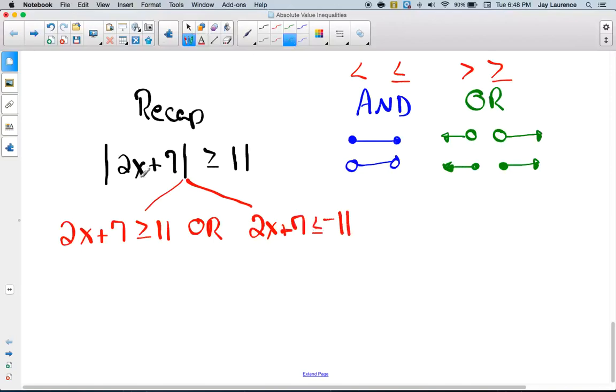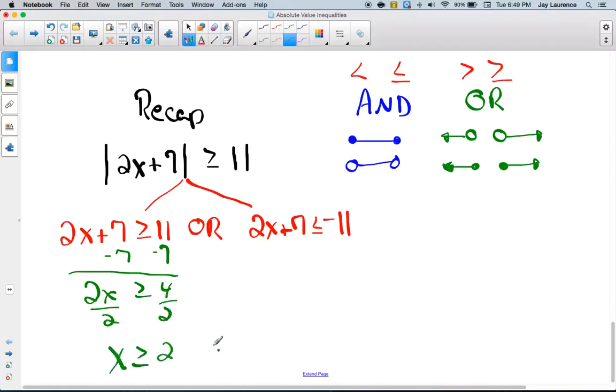All right, so I'm going to solve each one for x. I'm going to subtract 7 and subtract 7. I'll get 2x greater than or equal to 4. Divide by 2, divide by 2. x is going to be greater than or equal to 2.